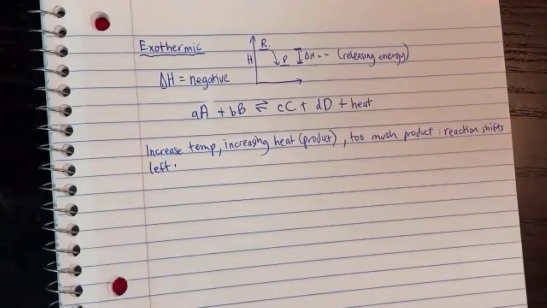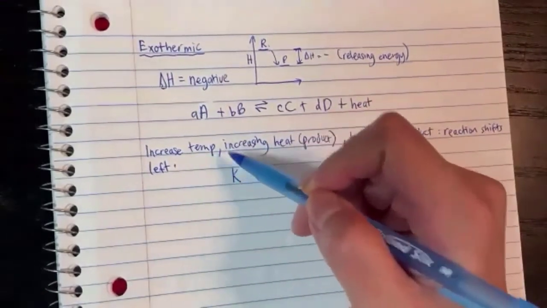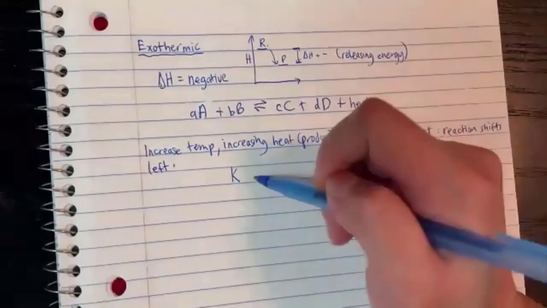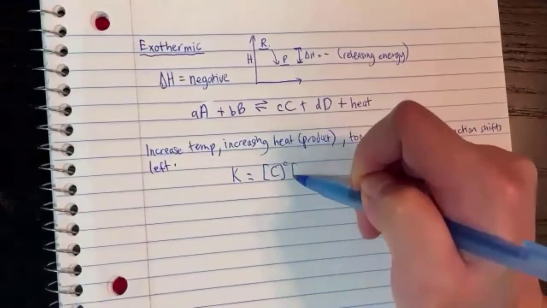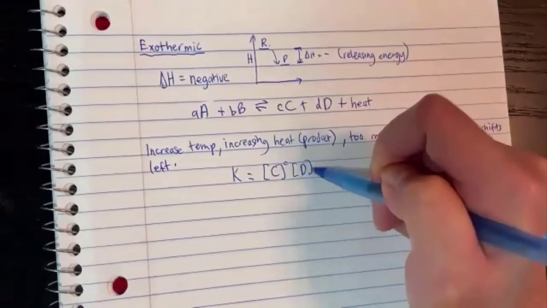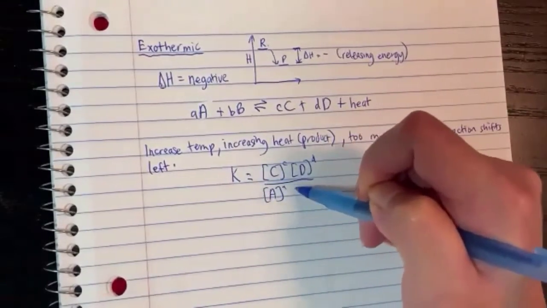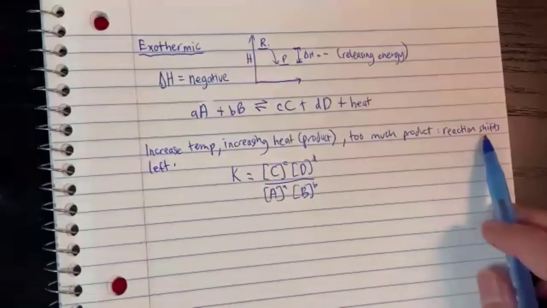When it shifts left, what happens to your K? Because we are messing with the temperature, we have to see. We say, it's going to shift to the left. We know that part from earlier. But let's take a look at what the K will be. So in this case, C to the power C, D to the power D, over A to the power of A, B to the power B. We're saying the reaction will shift left.